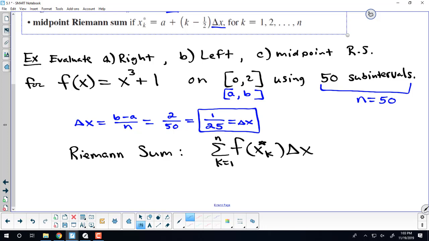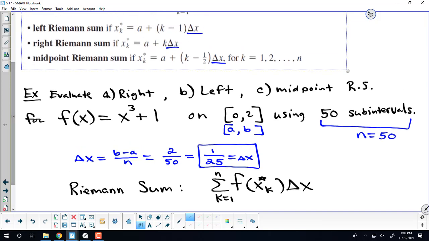That's always our Riemann sum. What changes between the left, right, and midpoint Riemann sums is this x star sub k, given by one of these three things here. Is everyone clear with that?